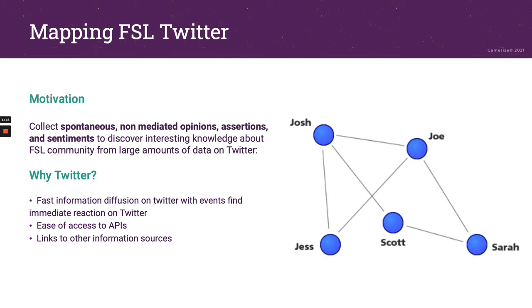So we view this as a unique opportunity to truly understand the underlying characteristics of the FSL network online. The focus on mining Twitter for this research was mainly because of the fast information diffusion that exists on the platform, as well as the ease of connecting with Twitter to design novel applications that study its network.